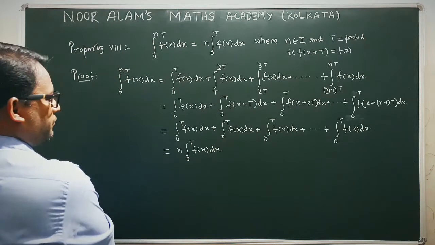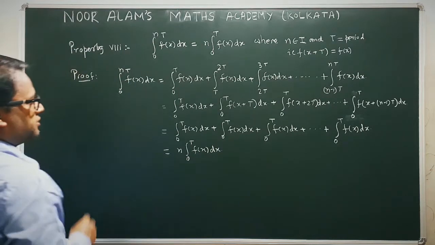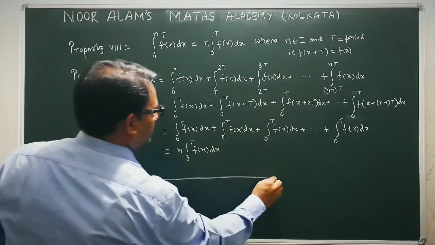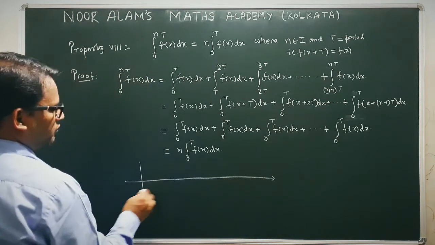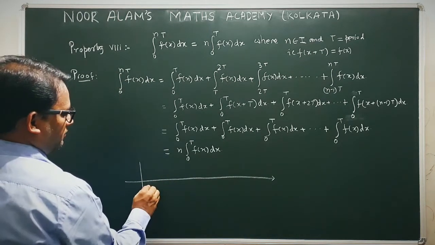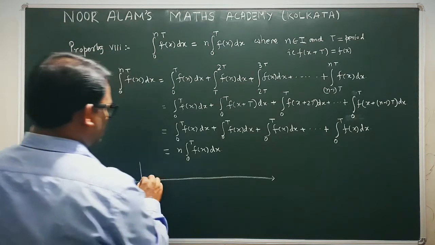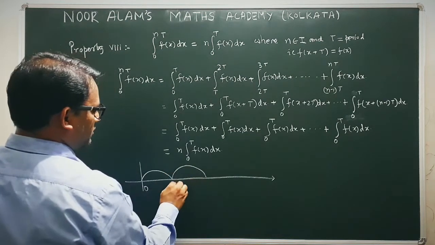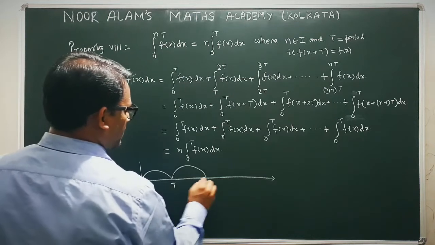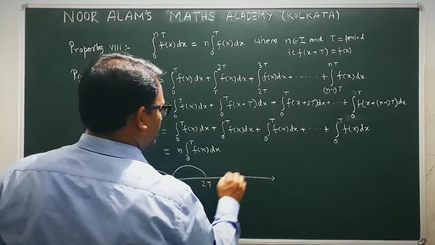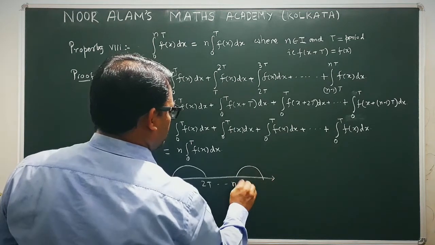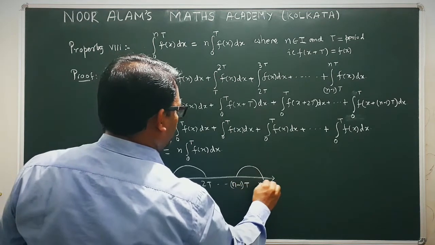Okay, so now the geometrical interpretation of this result is, suppose a function is given like this, and you have to calculate the area under this function. The function is like this, and it is a periodic function, over 0 to T, then T to 2T, and in this way it is defined up to (n minus 1)T to nT.